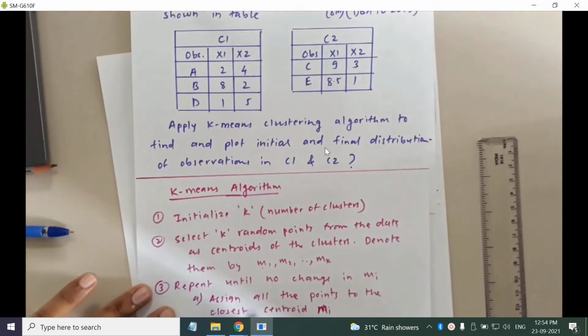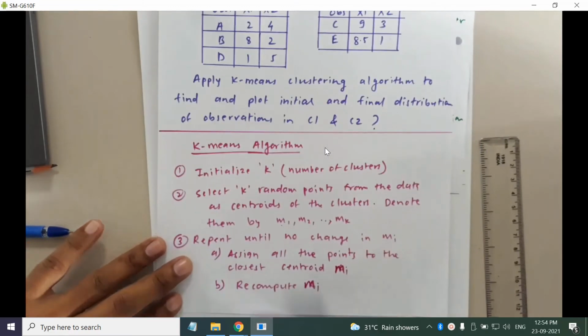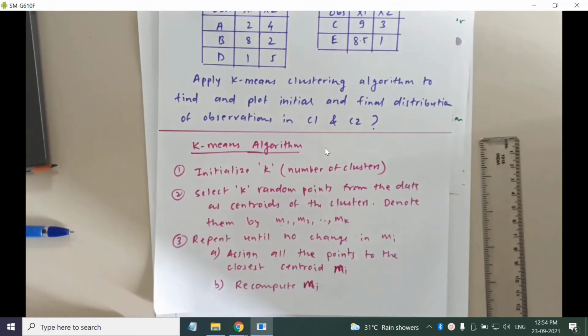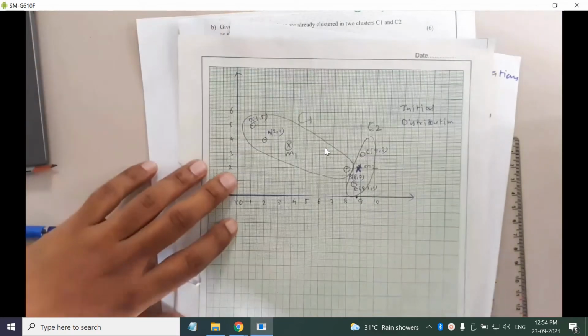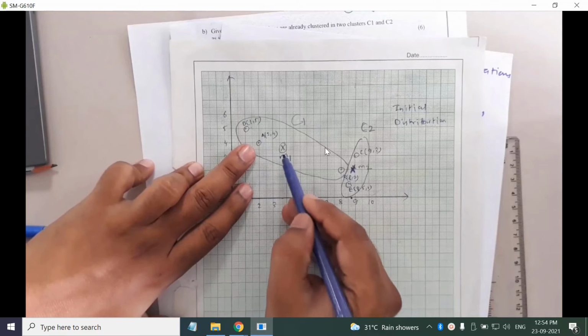Now next step is assign all the points to the closest centroid. Closest, अब closeness कैसे find out करना है? So we need a distance formula, right? So see the graph. We'll be calculating the distance of A from M1 and M2.